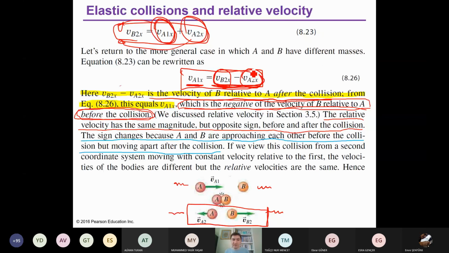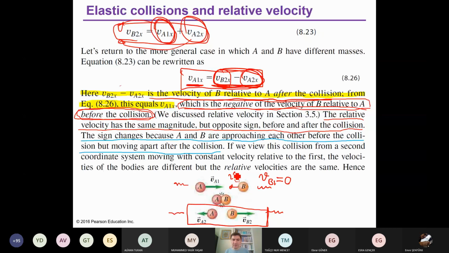And this is the negative of the velocity of B relative to A before the collision. So look at this one. Before the collision, we have VB1, which is 0, or it can move with some certain velocity along the negative x, let's say this is VB1.